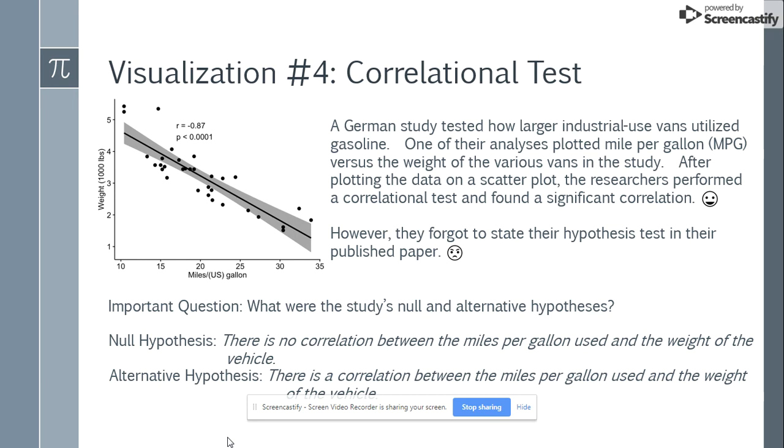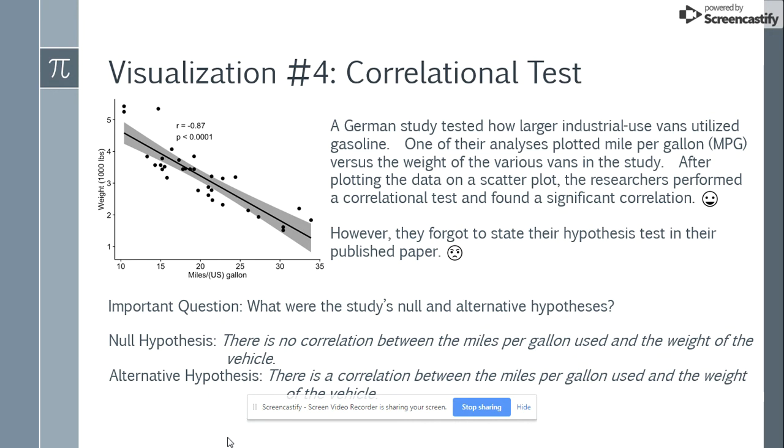Now, if you look at the illustration, we can figure that the heavier a vehicle is, the fewer miles per gallon the vehicle will give you.